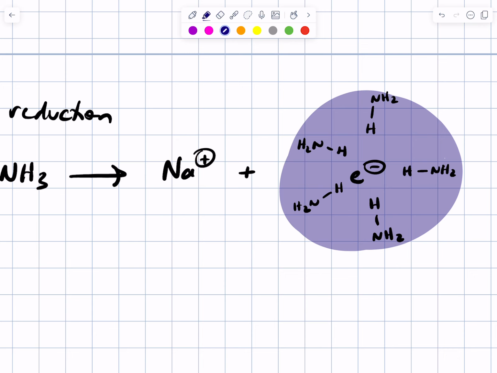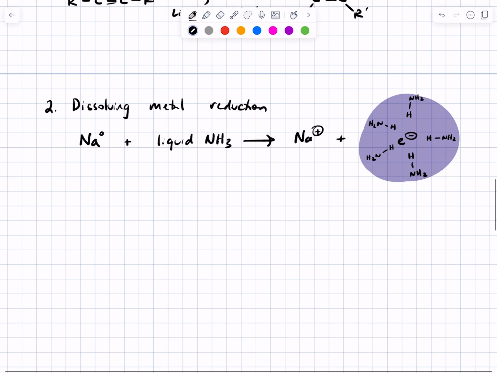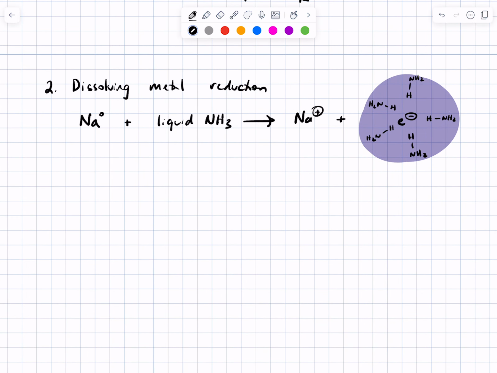Actually, it gets added to the pi star of the alkyne to create an anion, and then that anionic alkyne picks up a proton from ammonia, and that happens in a stepwise fashion. In any case, as I said, if you want to know more, there are details in your text and a known mechanism that could help.